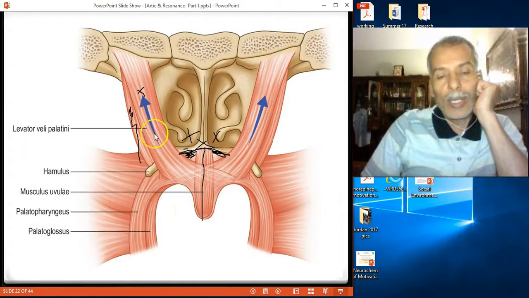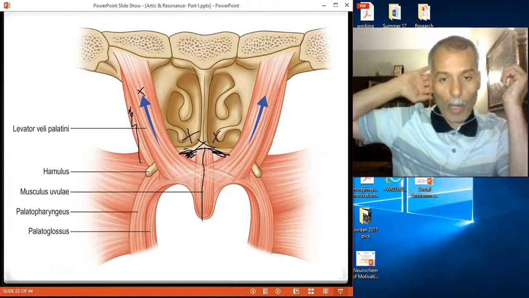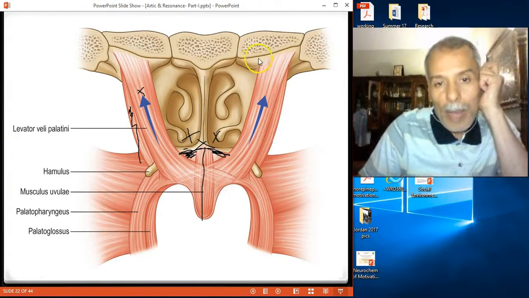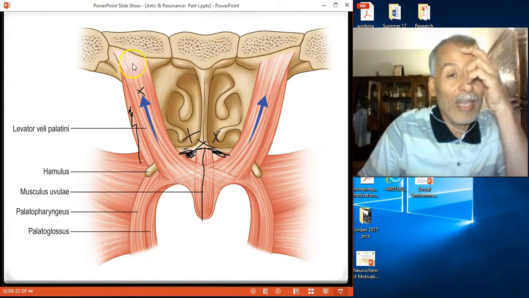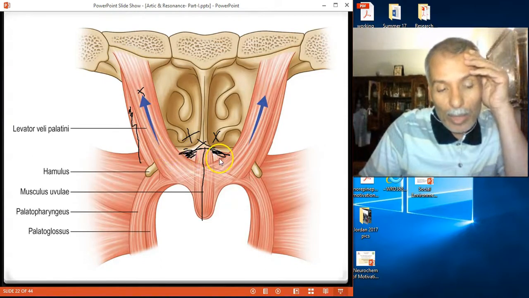So you could see now this view, you are also looking from behind. That's the posterior view. And this is the petrous portion. This is like the hard part, stone, and it feels almost like a rock. And this muscle originates there, and then it goes down, and then it connects with the palatopharyngeus somewhere here.